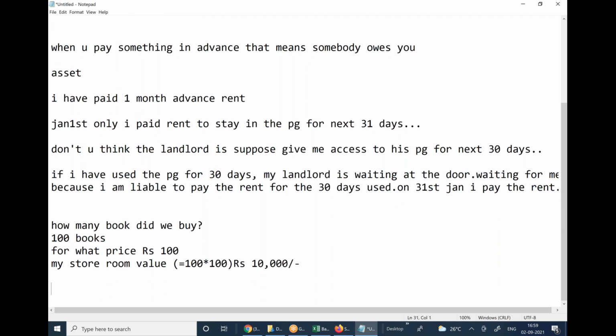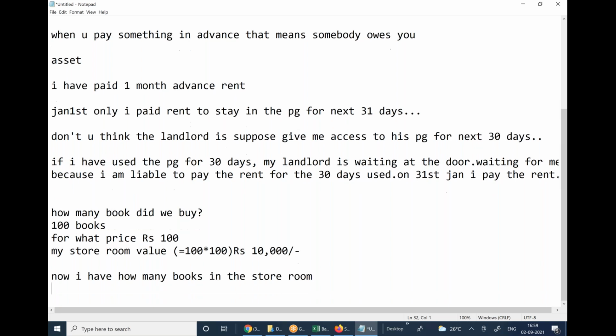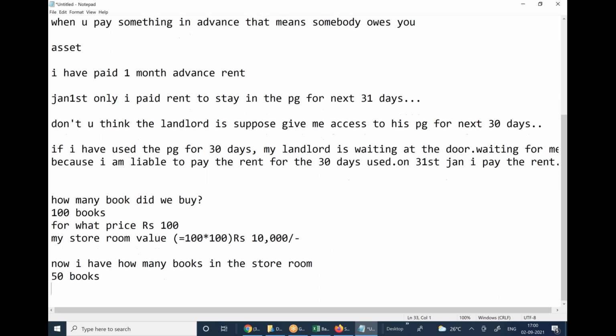Then in that month, I sold 50 books to a customer. Where will I get those 50 books? Obviously, from the storeroom, I have to take 50 out of 100 and give it to the customer, right? So now I have how many books in the inventory in the storeroom? 50. So now, what is the value of my storeroom?